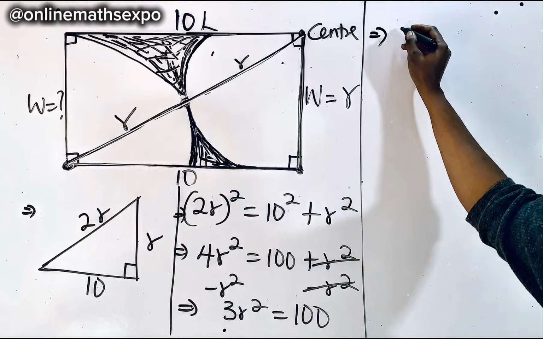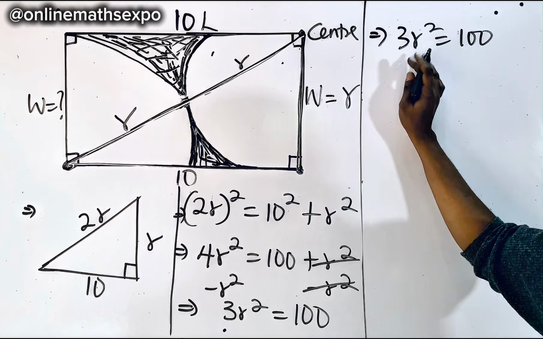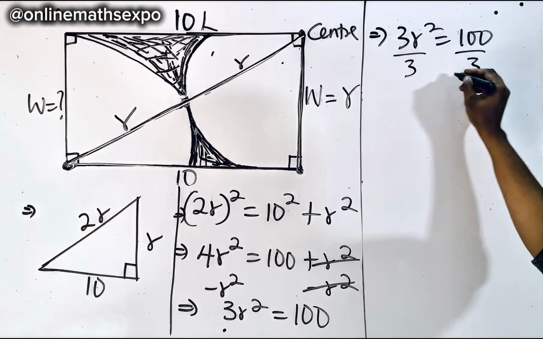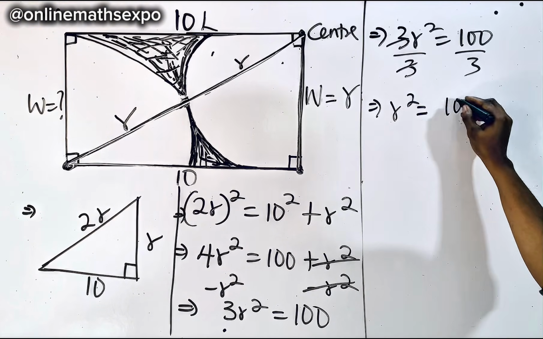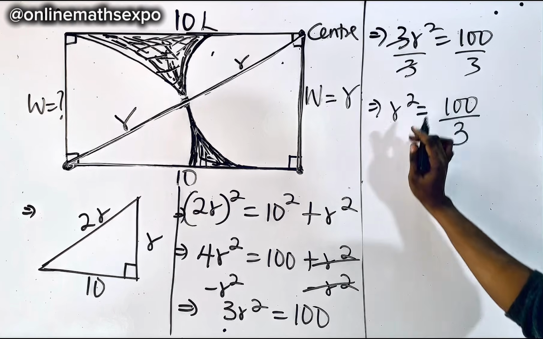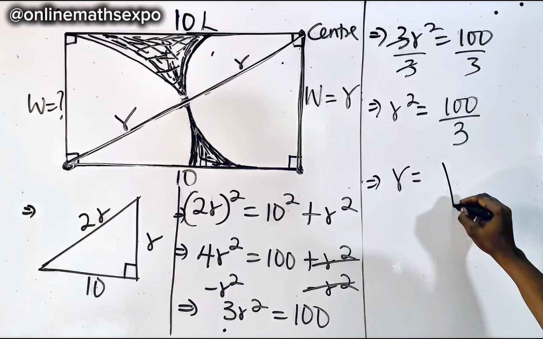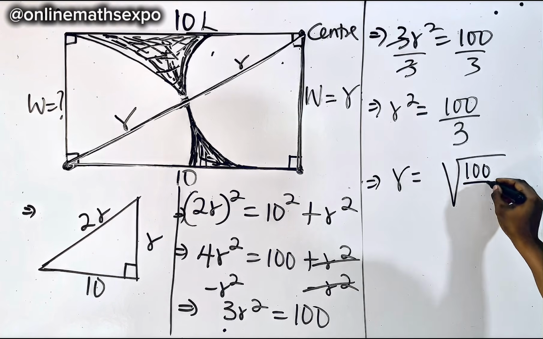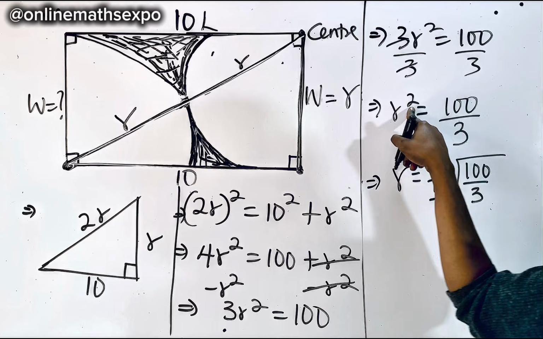Keep solving. 3R squared is equal to 100. To get R, divide both sides by 3. This cancels, so we have R squared is equal to 100 divided by 3. If you want to get R, you just need to take the square root of both sides. So it's going to be the square root of 100 divided by 3. Both the positive and negative, each time you want to remove a square.